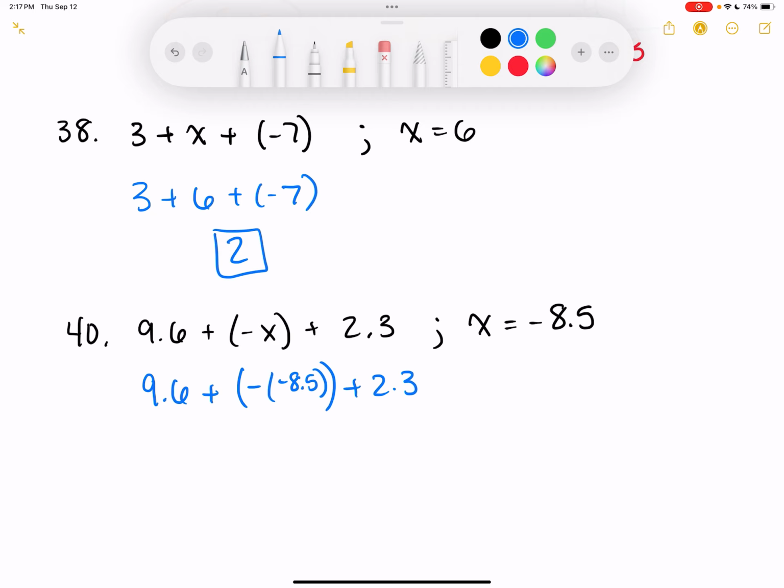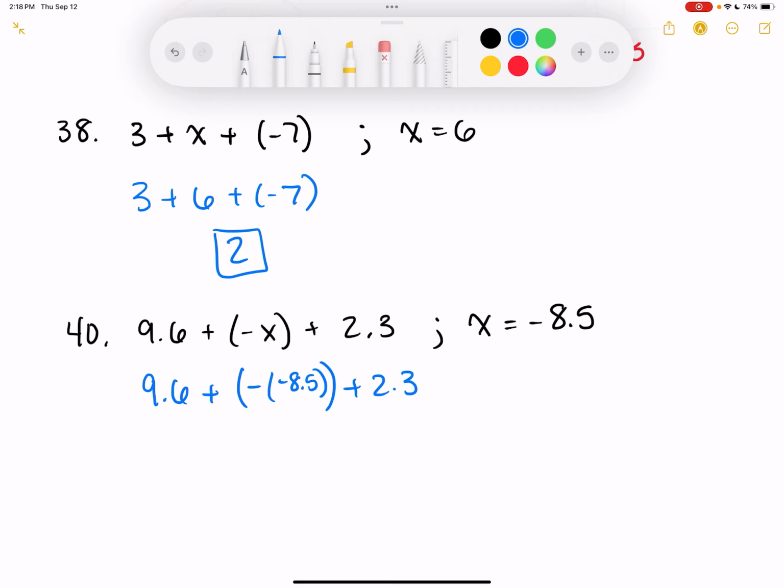Because x is negative, but then there's a negative sign next to the x, so you have to add it. Yes. I wanted to make sure that we paid attention to the fact that when I'm plugging in the negative x value, -8.5, there's also a negative there. So what happens with a negative times a negative? It becomes a positive.